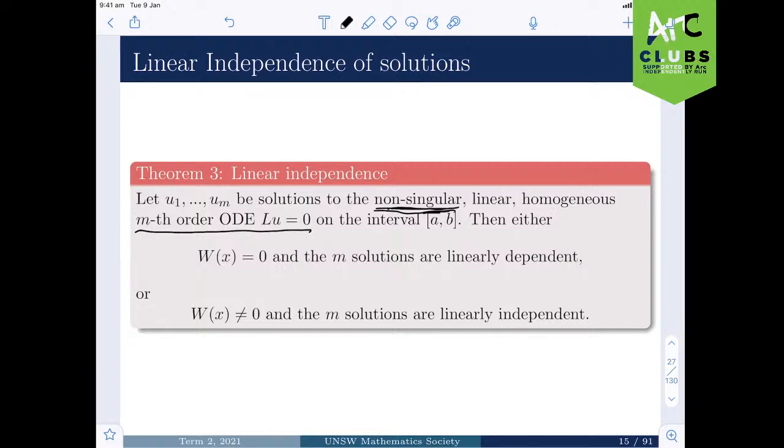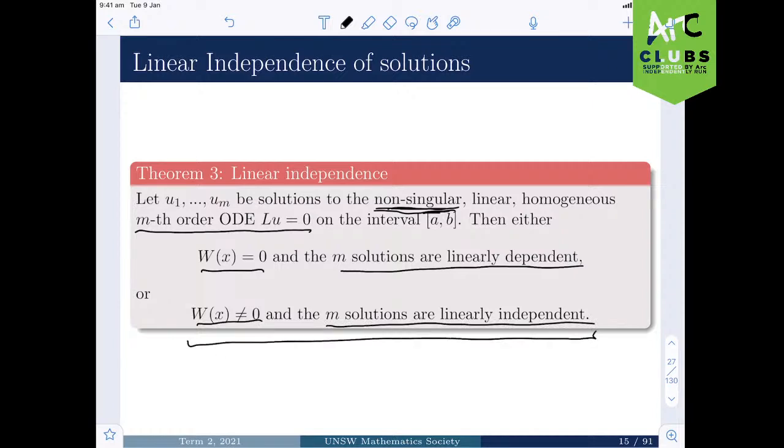Only two things can happen. Either their Wronskian is 0 and those m solutions are linearly dependent, or their Wronskian is non-zero and the m solutions are linearly independent. This part comes from the contrapositive of the lemma, but this part is the statement that we can't get from the lemma we saw before. And this is pretty useful.